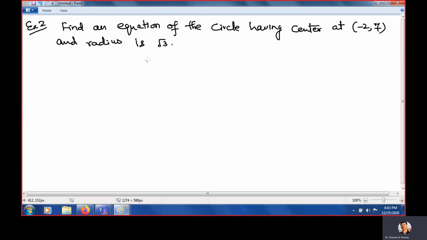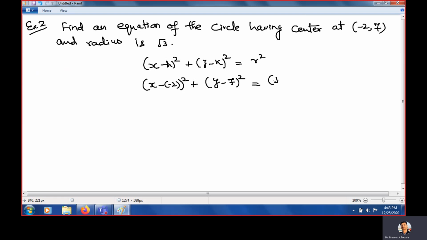First write the standard equation, (x minus h) power 2 plus (y minus k) power 2 is equal to r power 2. So (x minus -2) whole power 2 plus (y minus 7) power 2 is equal to (square root 3) power 2.